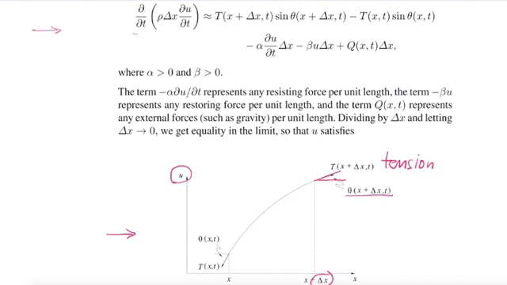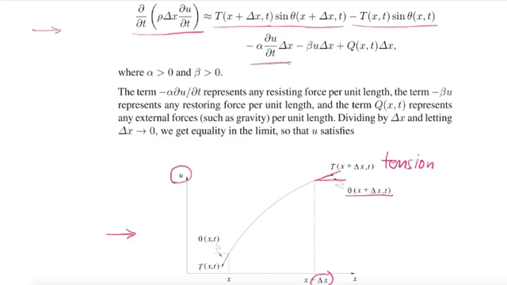So then this says the second time derivative, or actually d by dt of rho delta x du by dt, is the tension at x plus delta x, so the upper point here, times sine of the angle, minus the tension at the lower end, sine of the angle at the lower end. This means the force will be made by the tensions and the angles relative to each other.